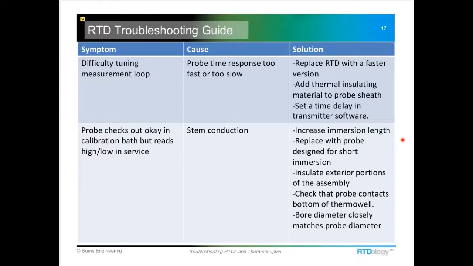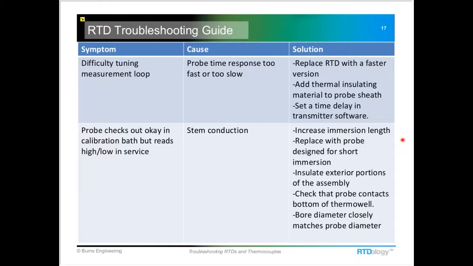If you can increase the immersion length of the probe, that's the easiest fix. Replacing the probe with a different style that might be more tip sensitive, or some other design feature that helps it be less susceptible to stem conduction, is also a good solution. If you can insulate around the outside portions of the assembly, that's also a really simple, quick solution.